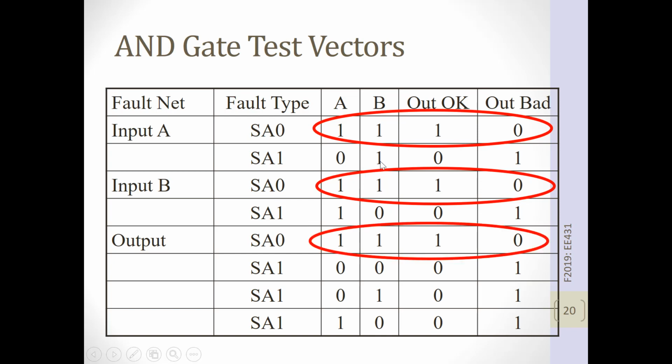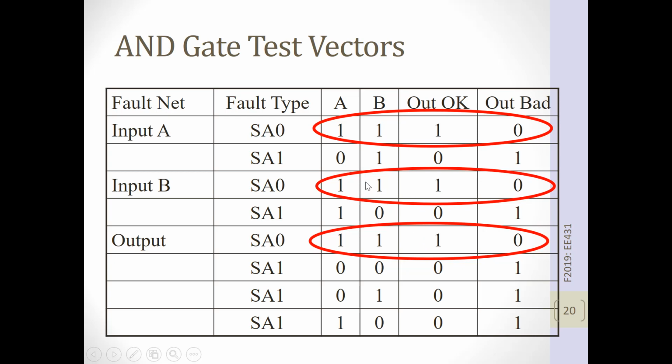So all 3 of these, this checks for a stuck at 0 at A, this checks for a stuck at 0 at B, and this checks for a stuck at 0 on the output. So any one of these tests for all 3 of these stuck at faults. So this test right here, you give it A and B equals 1 and see if the output equals 1.